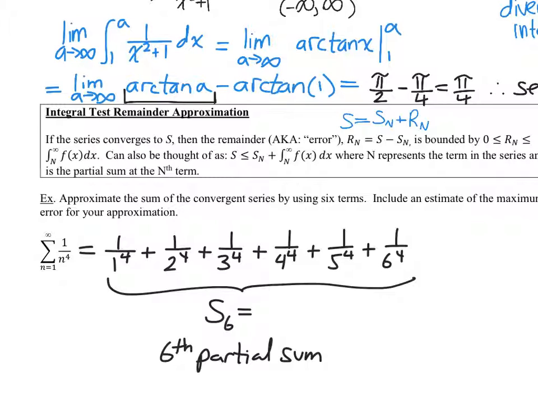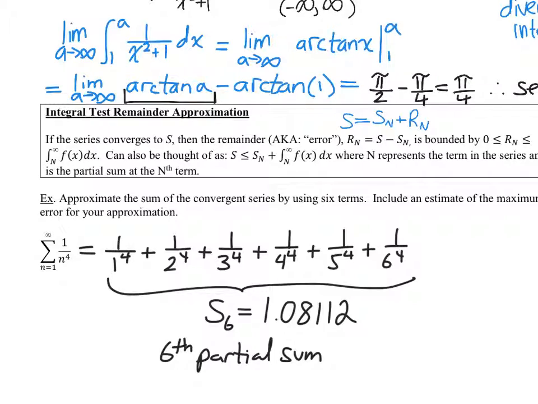I'm doing it fairly quickly because it's just a matter of plugging and chugging. We're talking approximately 1.08112. All right. Now we want to know, is that a reasonable approximation? So that's the second part. Include an estimate of the maximum error of your approximation.